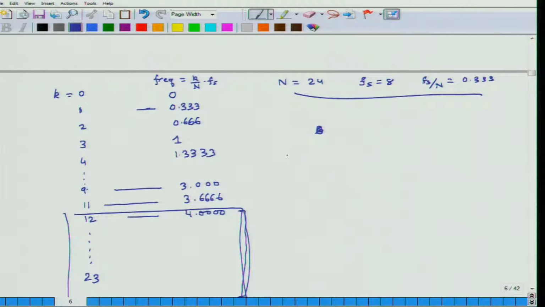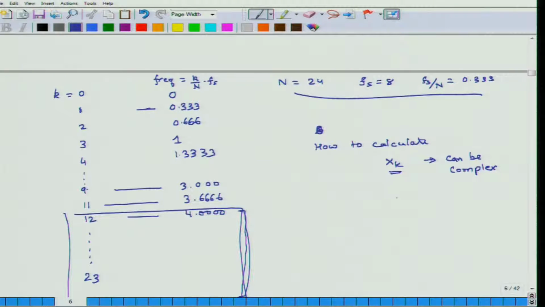So, what we have figured out is how to calculate Xk. Now, this Xk can be complex. It can be complex, there is no reason not to be, right?